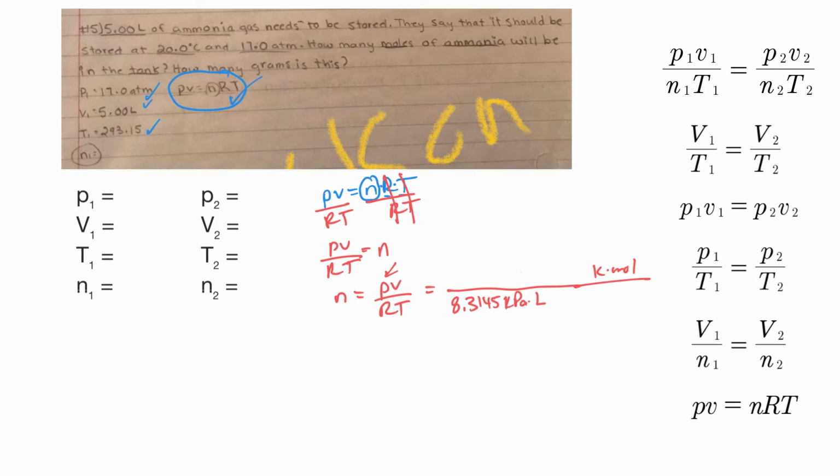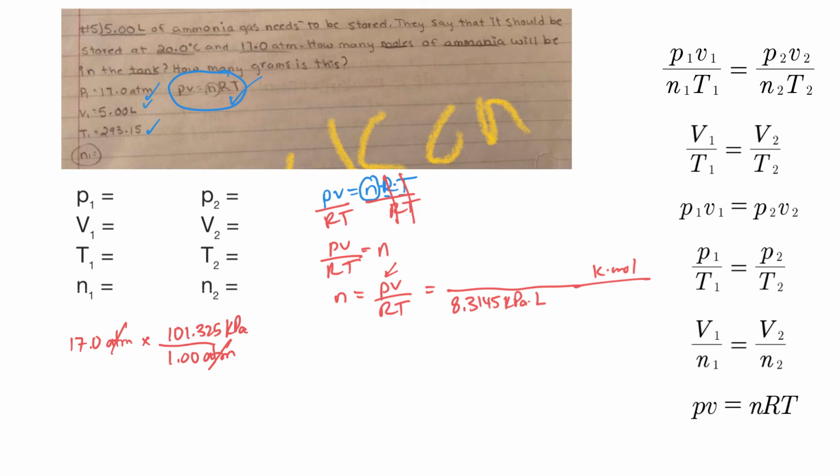So let's do that. 17.0 atmospheres times, here's where you'd use those conversion units. 1 atmosphere is the same as 101.325 kilopascals. So the atmospheres cancel.